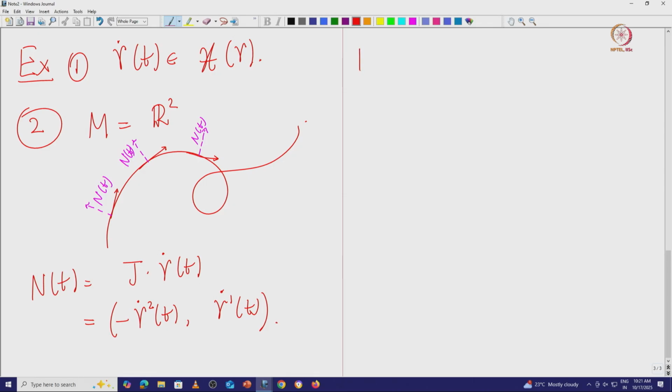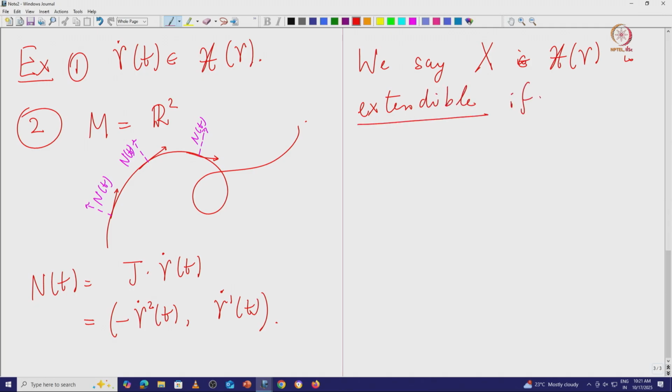Okay, so we say that x is extendable if there exists a vector field x tilde on some neighborhood u, where u contains the image of gamma, such that x tilde at gamma of t is simply x of t.